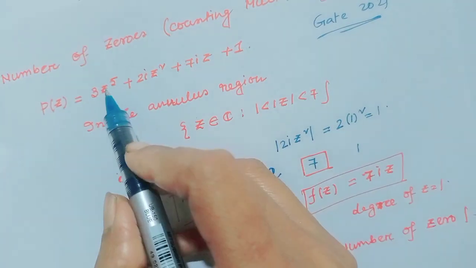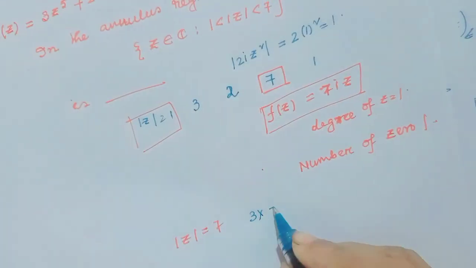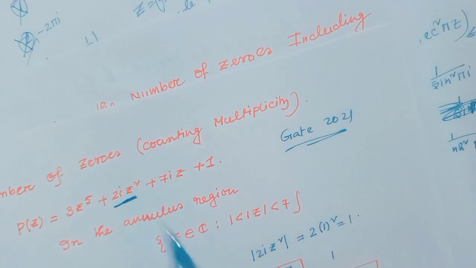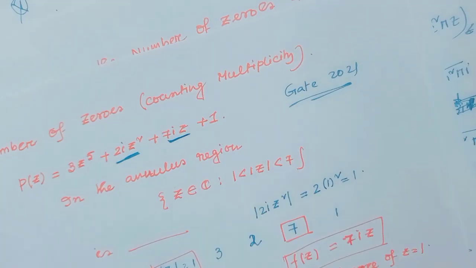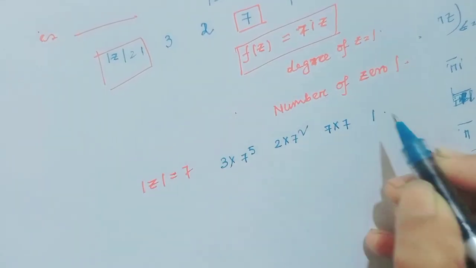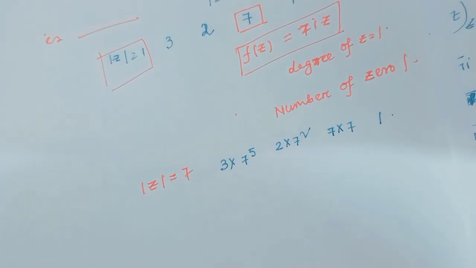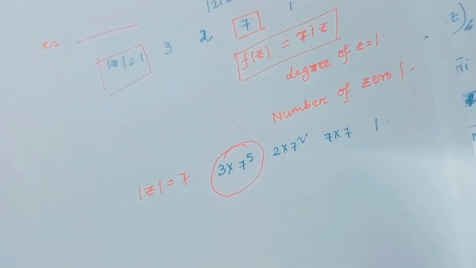On mod z equal to 7, first 3 into 7 to the power 5, then 2 into 7 square, then 7 into 7, and here 1. The maximum degree term is 3 into z to the power 5.